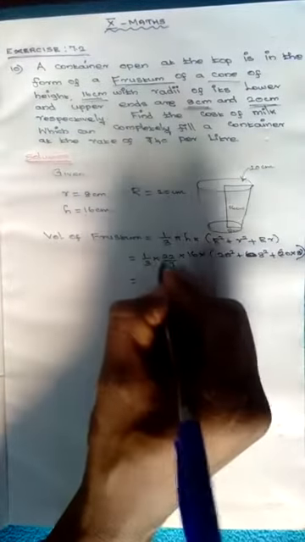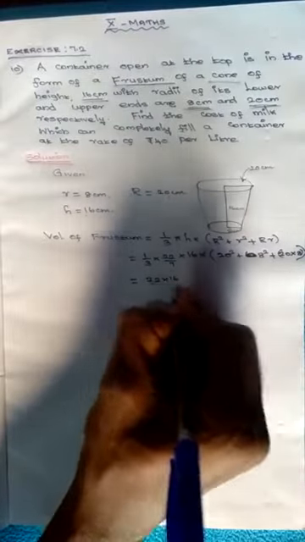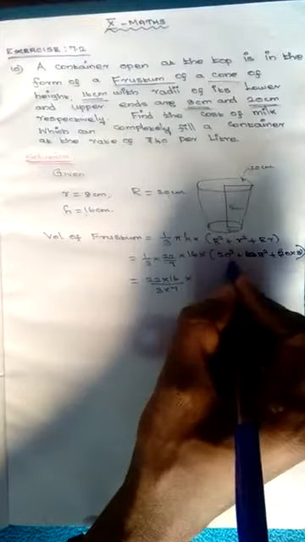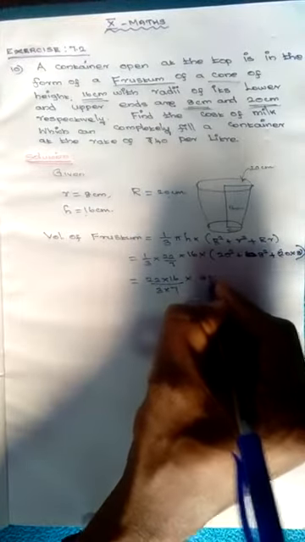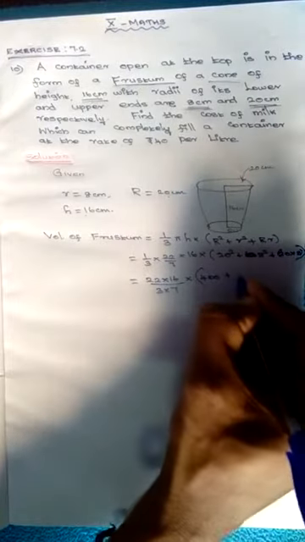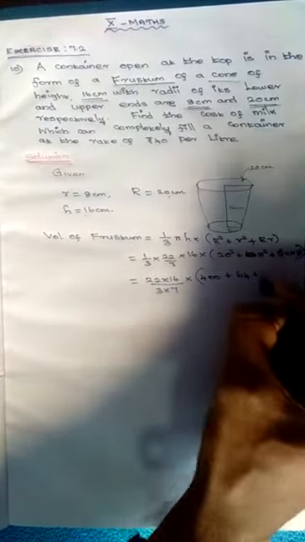Now solve the sum. Here 22 into 16 divided by 3 into 7, and 20 squared equal to 400, that is 20 into 20, 400, plus 8 squared, 8 into 8, 64, plus 20 into 8, 160.